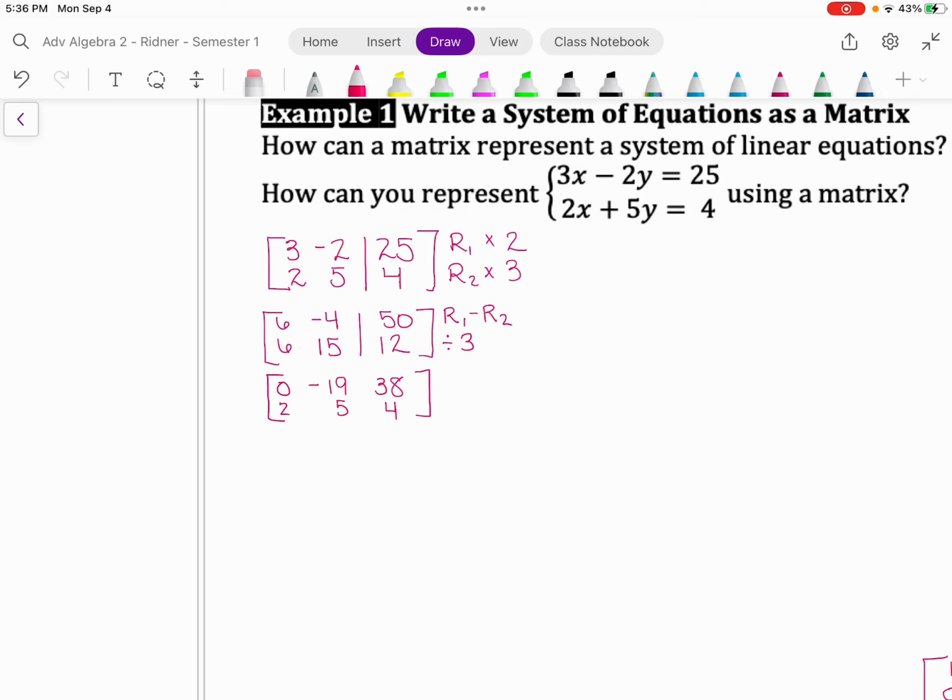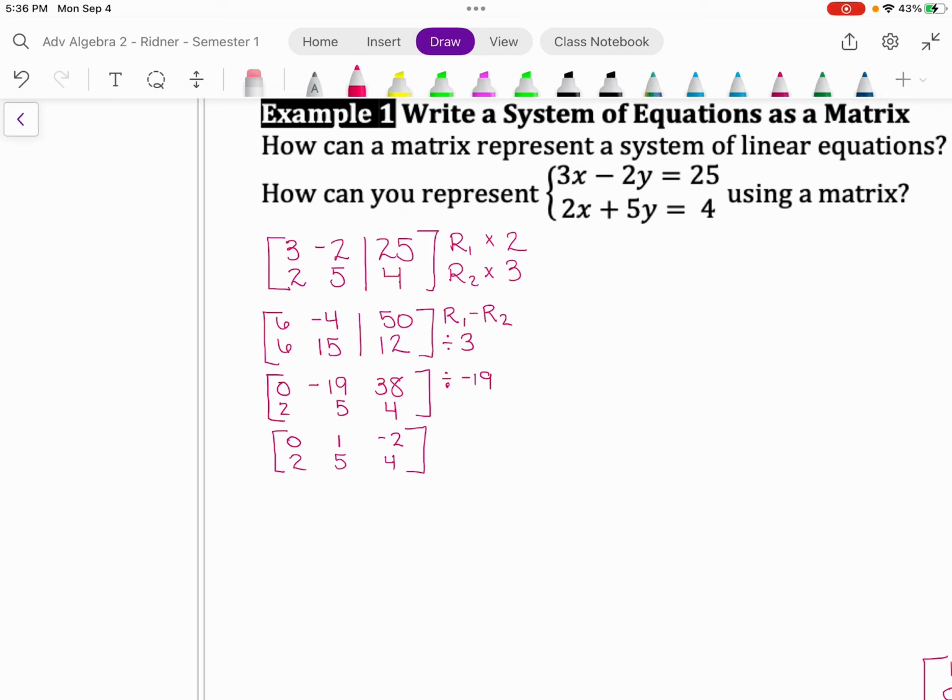All right. Then I can divide row 1 by -19. So that's 0, 1, -2. Okay. I'm just going to bring 2, 5, and 4 down. I'm not going to do anything yet. All right.